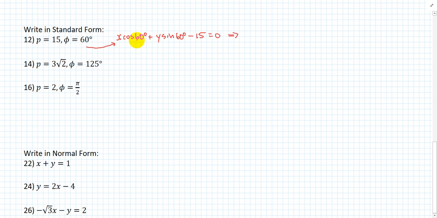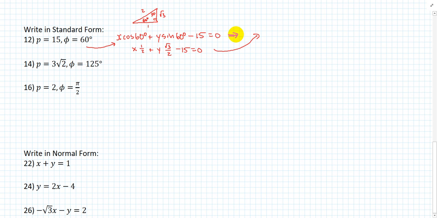Now, since this is 60 degrees and it's an easy one for us to figure out, remember your right triangle, 60 degrees, 30, so that's a 1, 2, root 3. So this will be x times the cosine of 60 degrees, which is 1/2, plus y times the sine of 60 degrees, which is root 3 over 2, minus 15 equals 0.